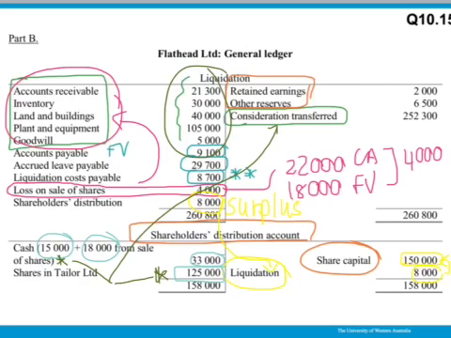The other part of the consideration transferred relates to the cash that was given, a cash amount that was sufficient to settle the liabilities, and that of course is dealt with in the liquidator's cash account, not in one of these two accounts.